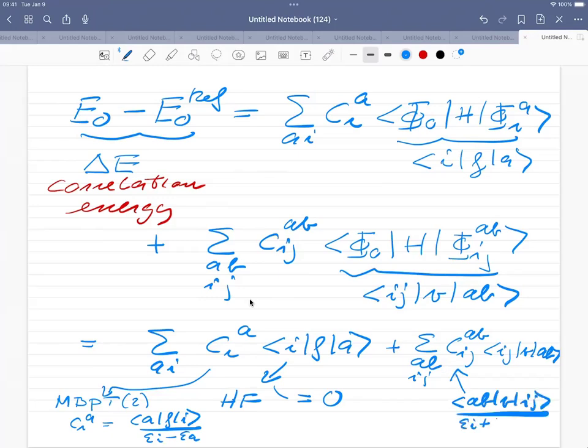So many-body perturbation theory is powerful because for every order, you have analytical expressions for these unknown coefficients, and you can calculate them because everything inside here is something you know. The problem is you don't know whether it converges or not.